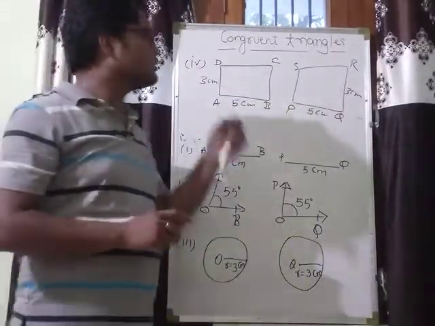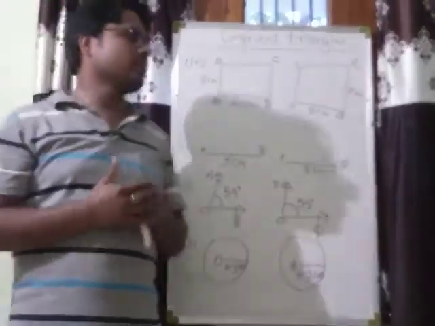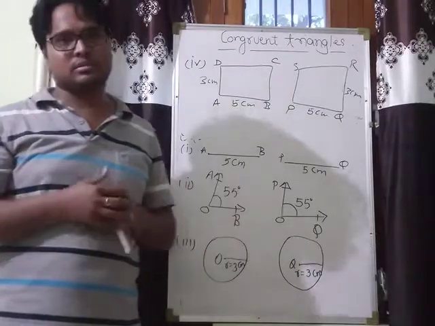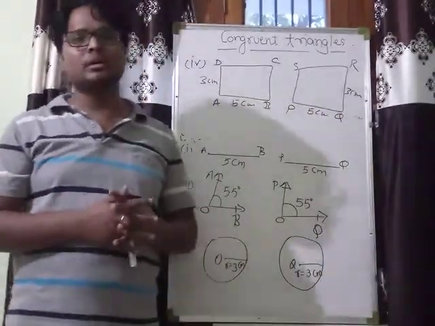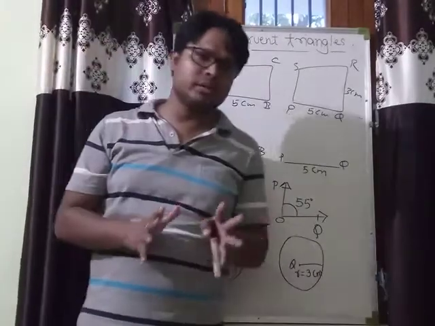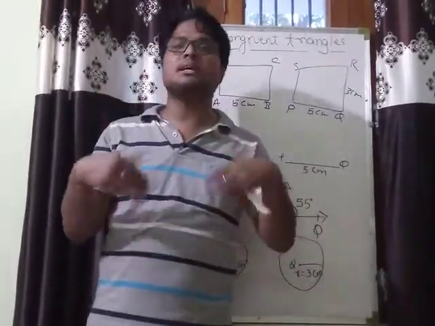Now, in this chapter, in this topic, we want to discuss congruent triangles. The same definition will be applicable there. Two triangles will be congruent only when they have the same shape and the same size.